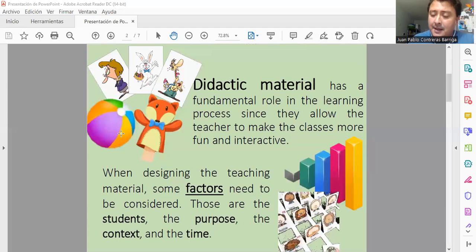In this case, let me begin with didactic material. Didactic material has a fundamental role in the learning process since it allows the teacher to make the classes more fun and interactive.